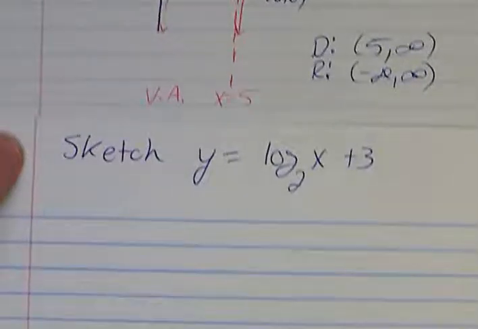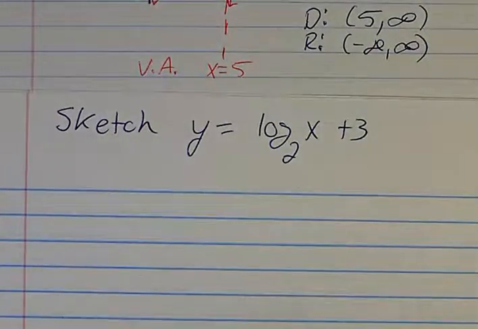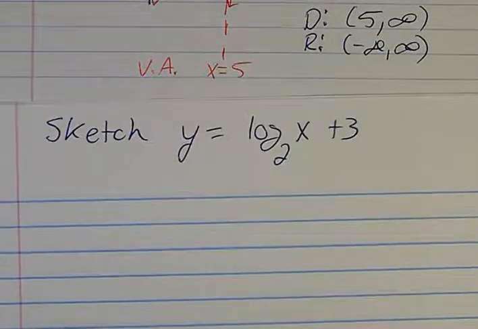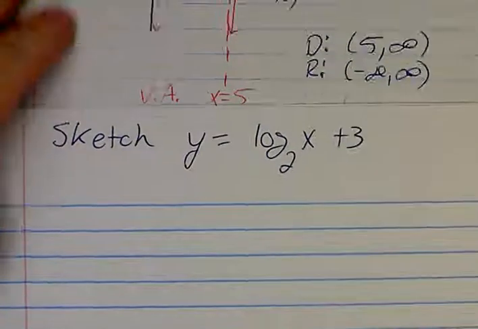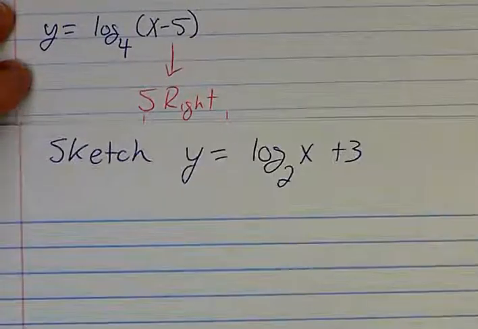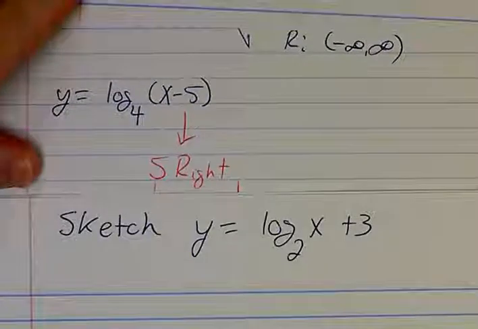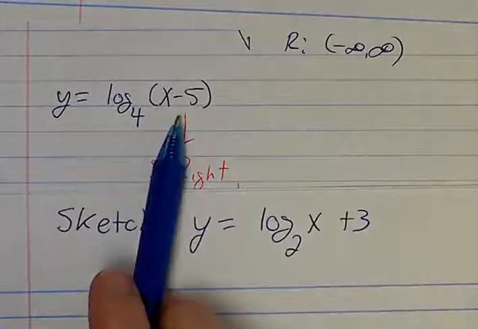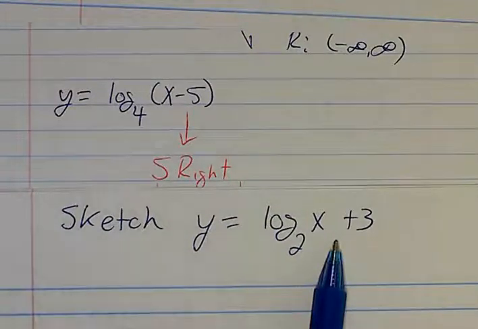Okay, so for this one, let's do log of x plus 3 base 2. Let me kind of flip back to this one real quick. This one with the x minus 5, that was definitely inside the parentheses. Are there any parentheses on this one?